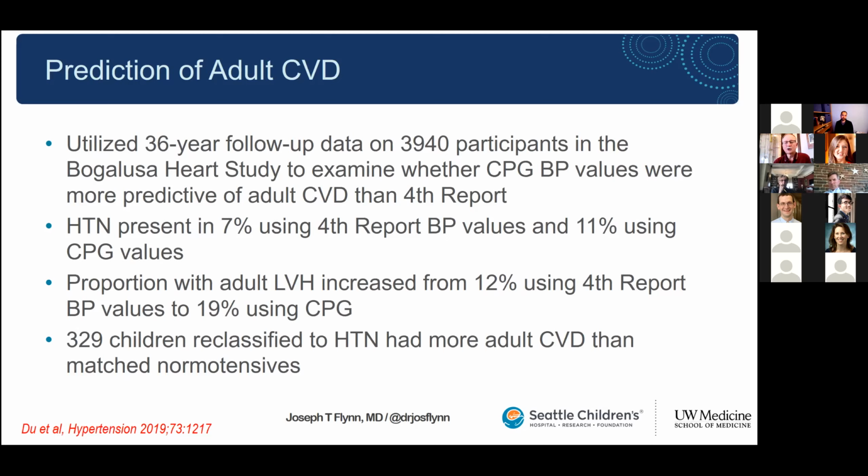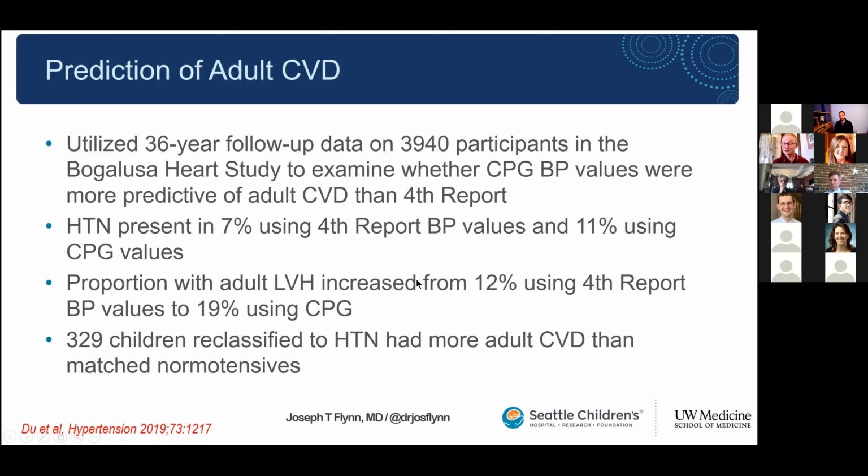And so they went back in time and applied the fourth report normative data and the CPG normative data to them. And no surprise, more of them were classified as having elevated blood pressure using the CPG data.